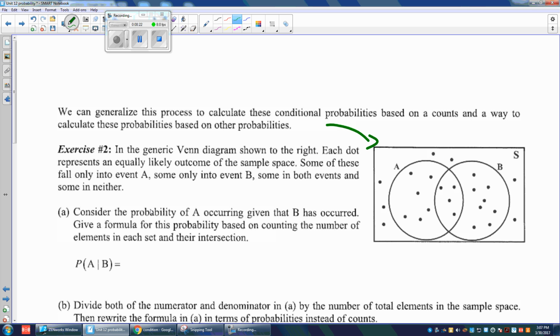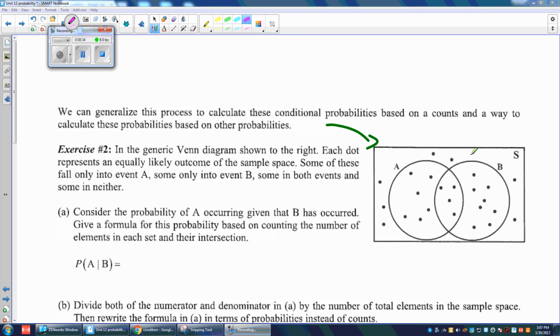Okay, consider the probability of A occurring given that B has occurred. Since B has occurred, we're only looking at those dots.